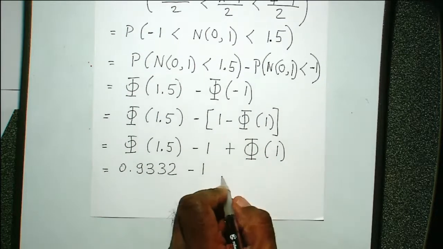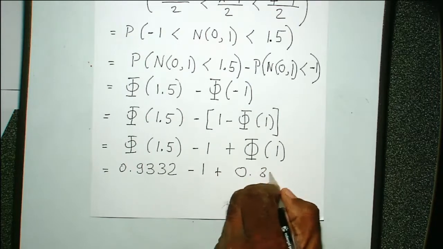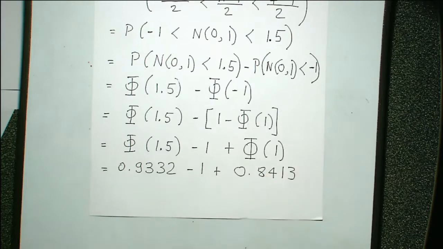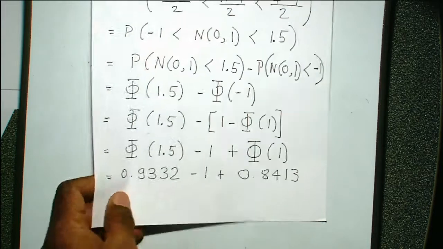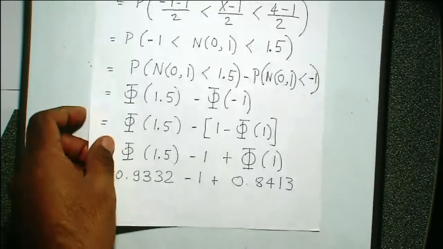Okay, and phi at 1 is this, right? So that's the answer. If you have a calculator, you can compute this. You see what I've done? Any questions? All right.